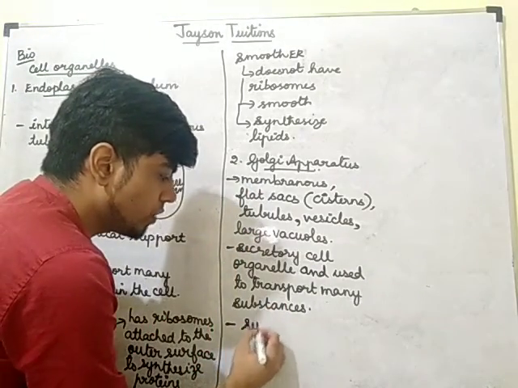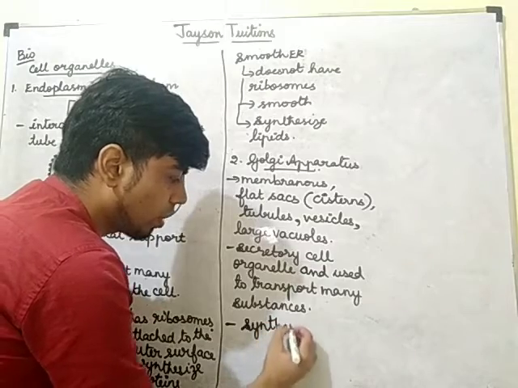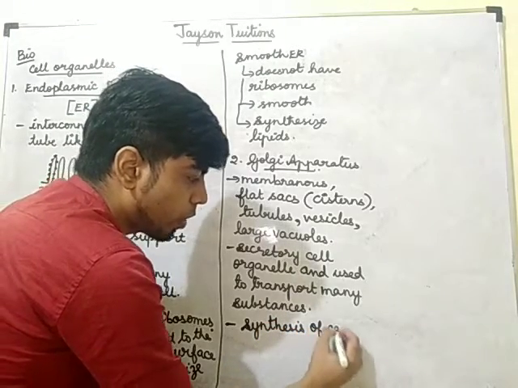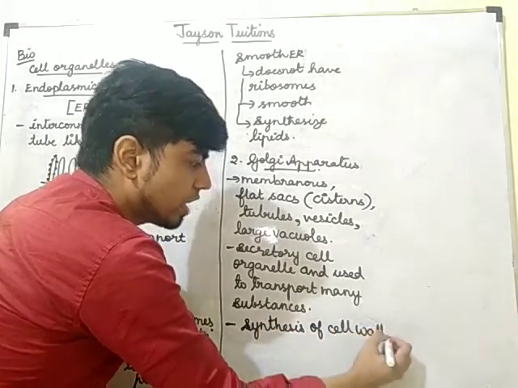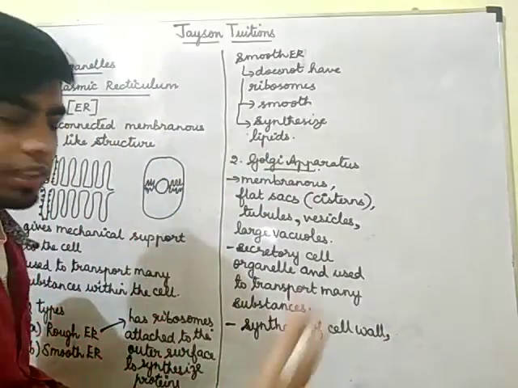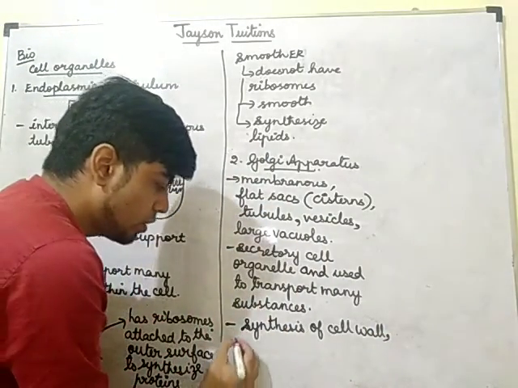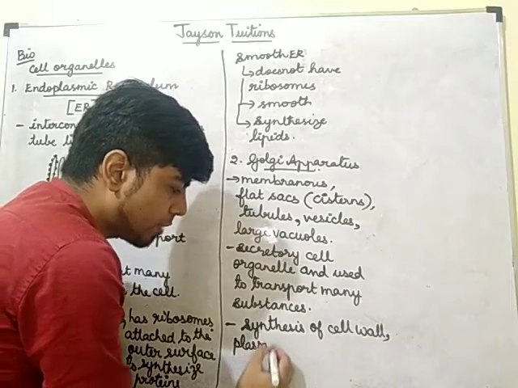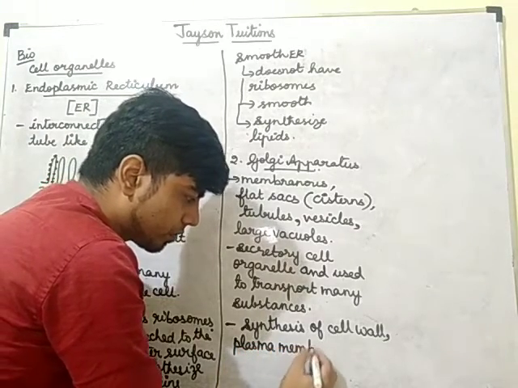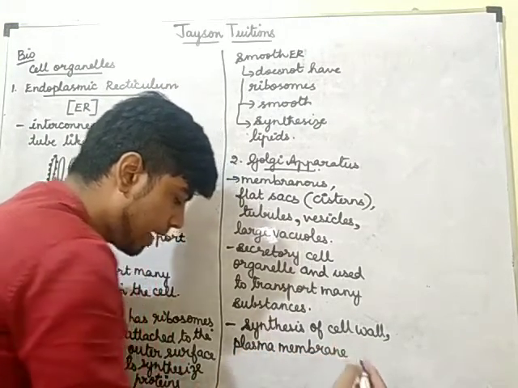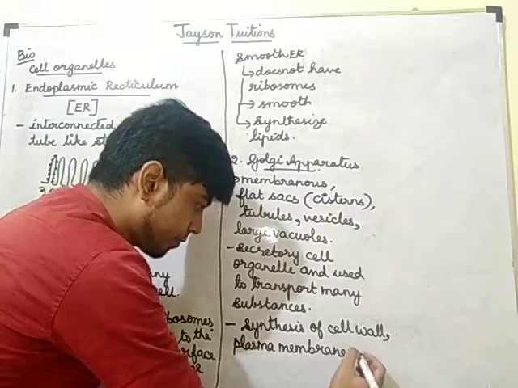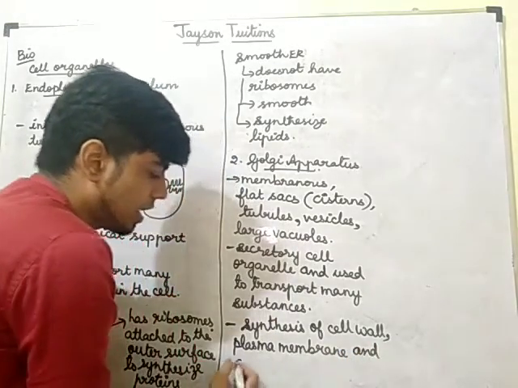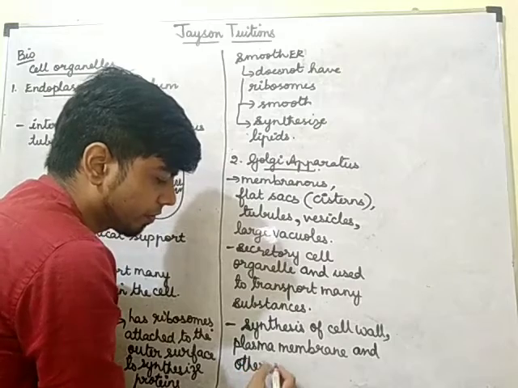It is used for the synthesis of cell wall, which means it is used to make the cell wall. It is used to make the plasma membrane, and various other substances.